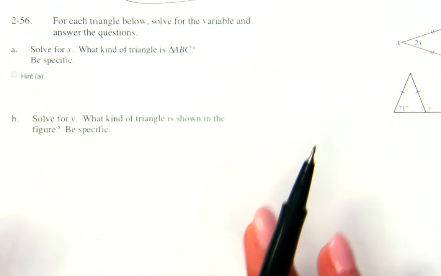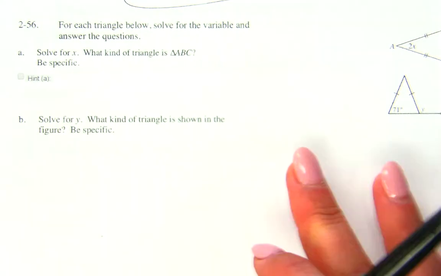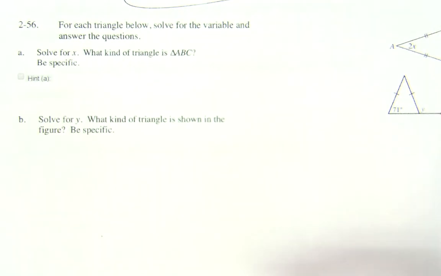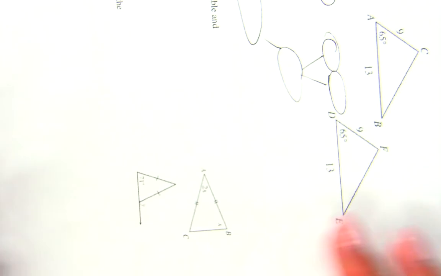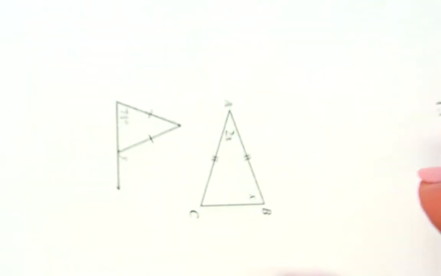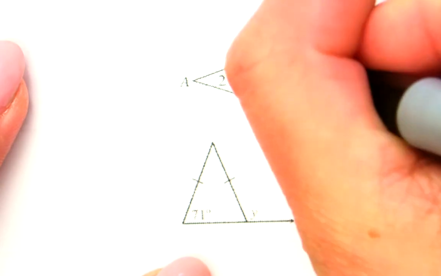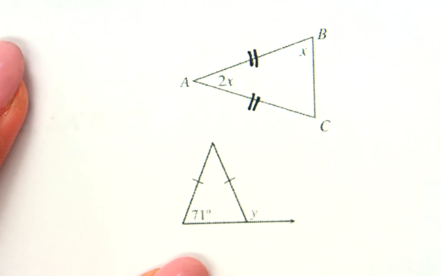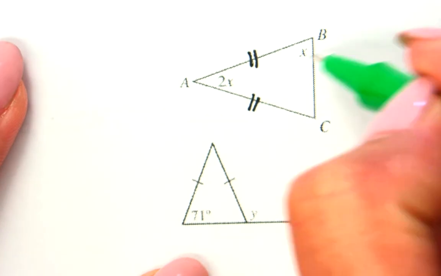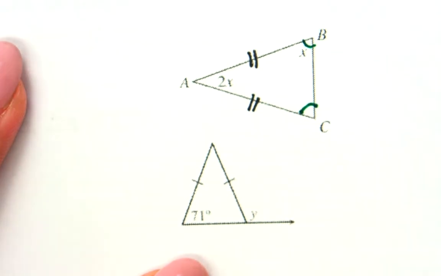For each of the triangles below, solve for the variable and answer the questions. Solve for x. What kind of triangle is ABC? Be specific. Well, x will look like that, so I can flip it around. Since you have two sides that are congruent, that means this angle down here and this angle down here are both going to be the same.